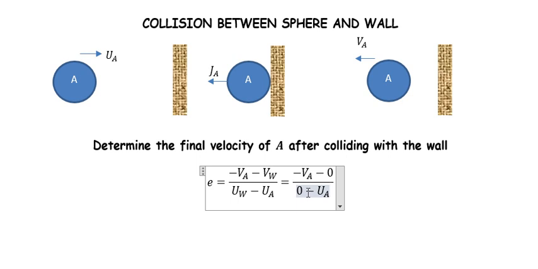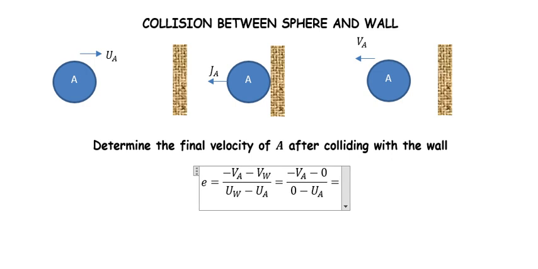Be mindful about this negative sign that is originally in the formula. Why is this UA positive? Because it was moving to the right. But I attach a negative sign to this VA because this VA is just the speed, but the speed is in the opposite direction. That is why we have a negative sign attached to it.